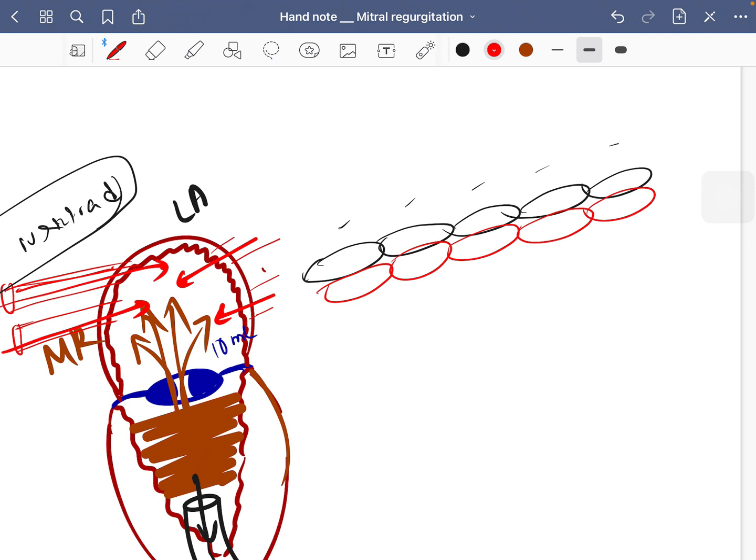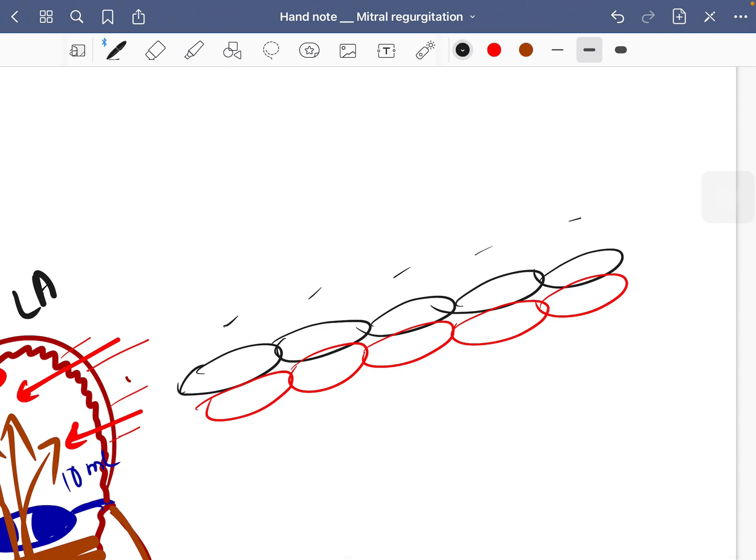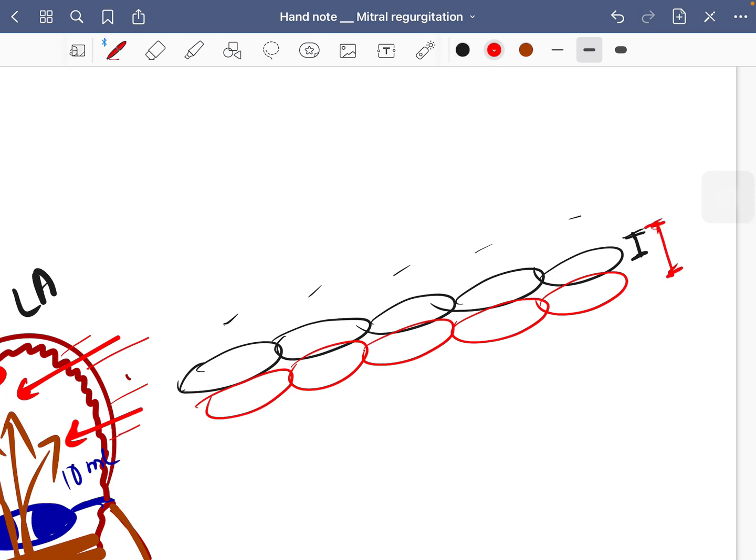So what will happen here? You can see the wall thickness is increased, because prior to adding the extra cardiomyocytes the wall thickness was this, and now the wall thickness is this. So this is known as concentric hypertrophy.